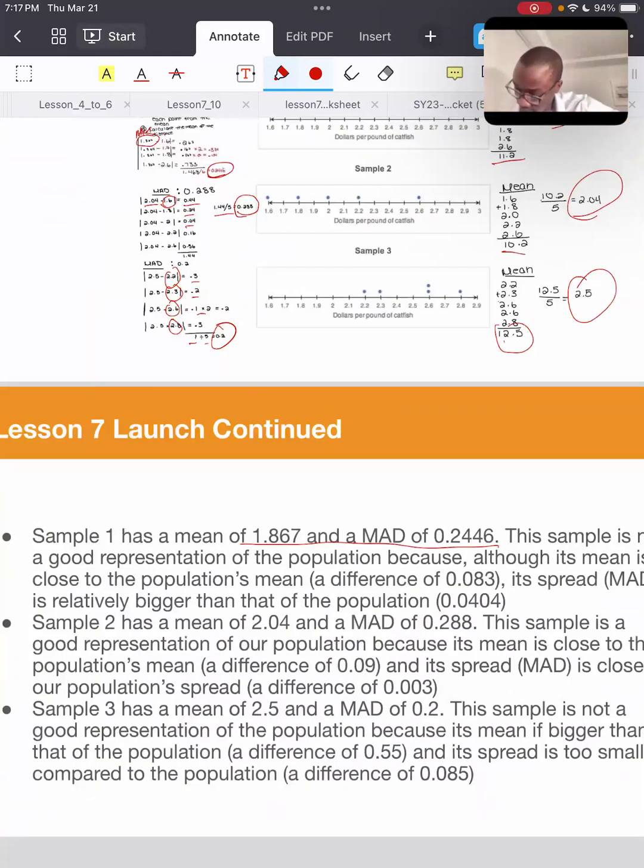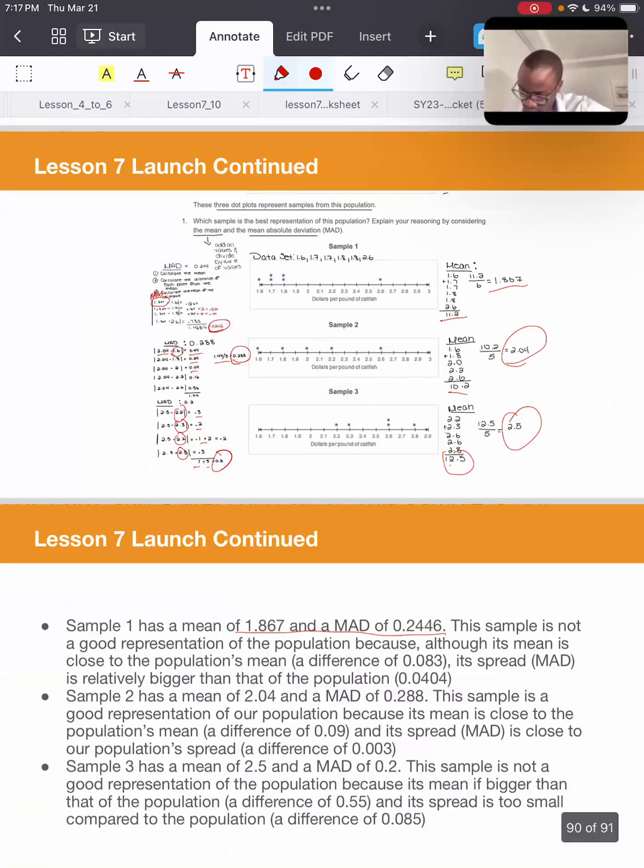I said this sample is not a good representation of the population because although its mean is close to the population's mean, the difference is only 0.083, its spread, or its MAD, is relatively bigger, at 0.04404. So we are going to eliminate this.